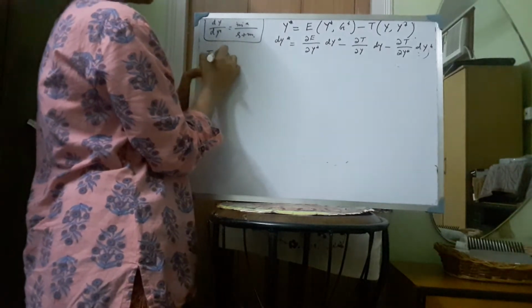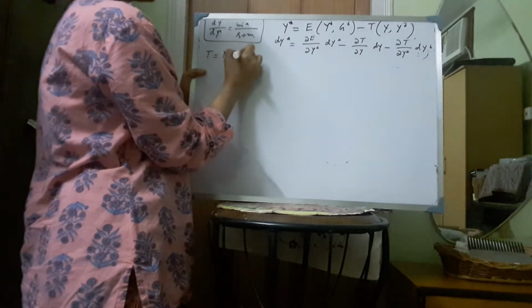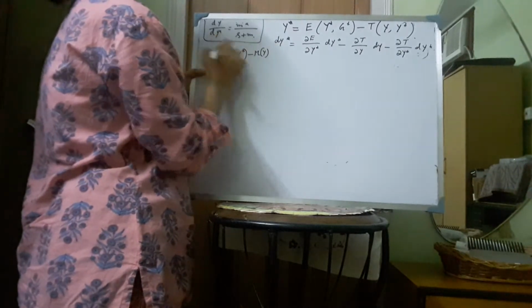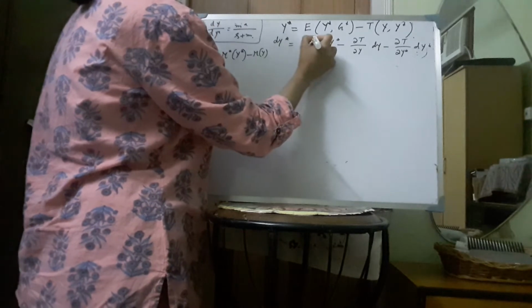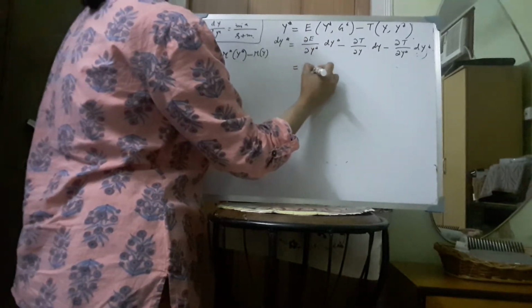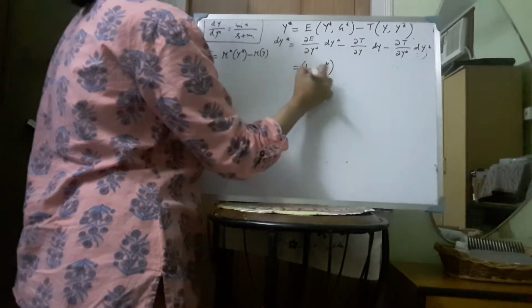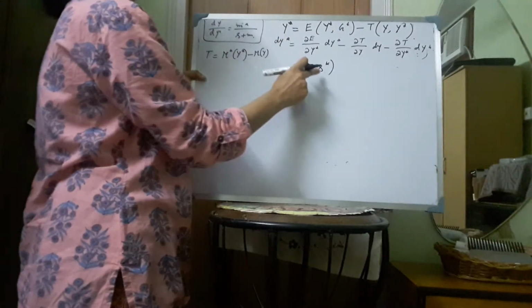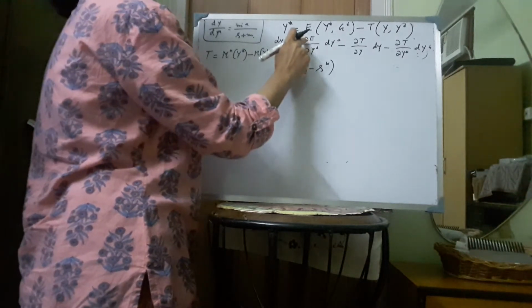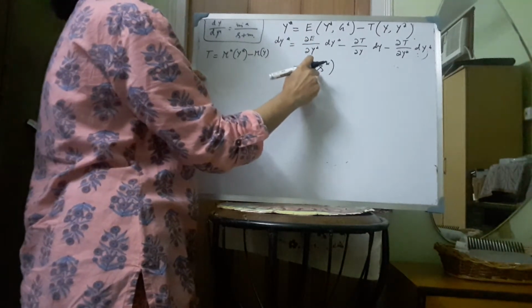Now what is T? T is equal to m star y star minus m y. So this is T. Now what is del E del y star? Del E del y star is 1 minus S star, because we are considering here the foreign country. So therefore the MPS is the foreign country's MPS. So the slope of E with respect to y star is 1 minus S star.